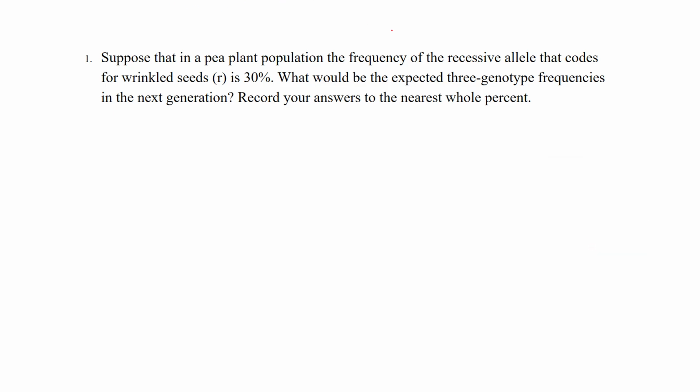When they say the recessive allele, and then they give you that frequency, so they're saying the r is 30%. So when I see this, the recessive, we know in our Hardy-Weinberg formula, is always going to be q. And when we see this allele, that's giving us the single q, and that frequency equals 30%.